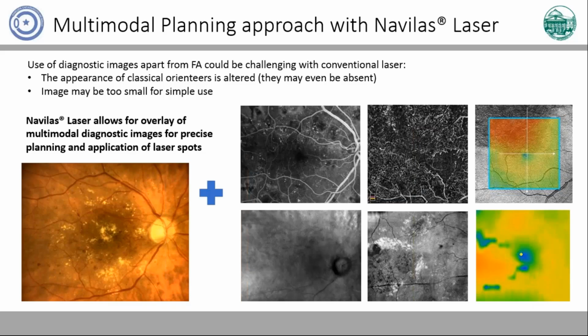Unfortunately, these modalities are hard to use for conventional laser because the appearance of classical landmarks like vessels or crossing of vessels is altered, and additionally the images can be too small. Just remember that an OCTA image typically occupies just 6 by 6 millimeters. It's just difficult to operate in conventional laser.